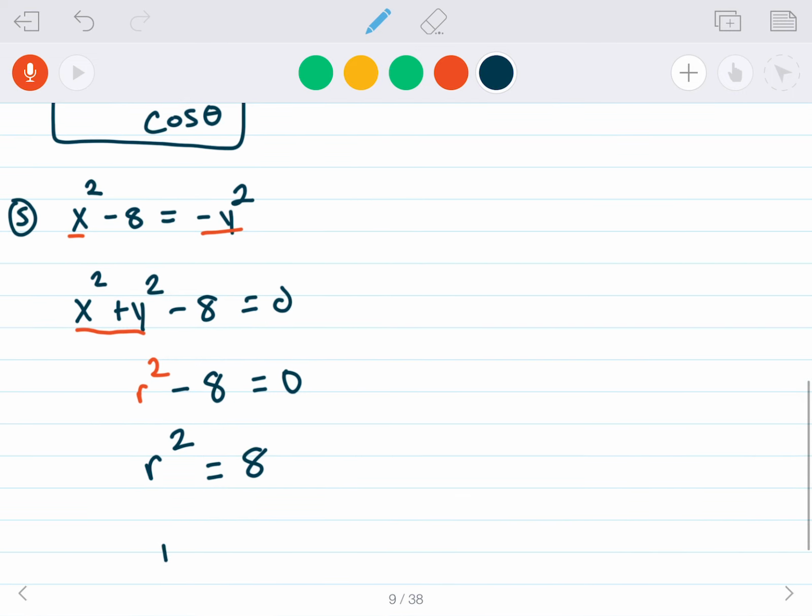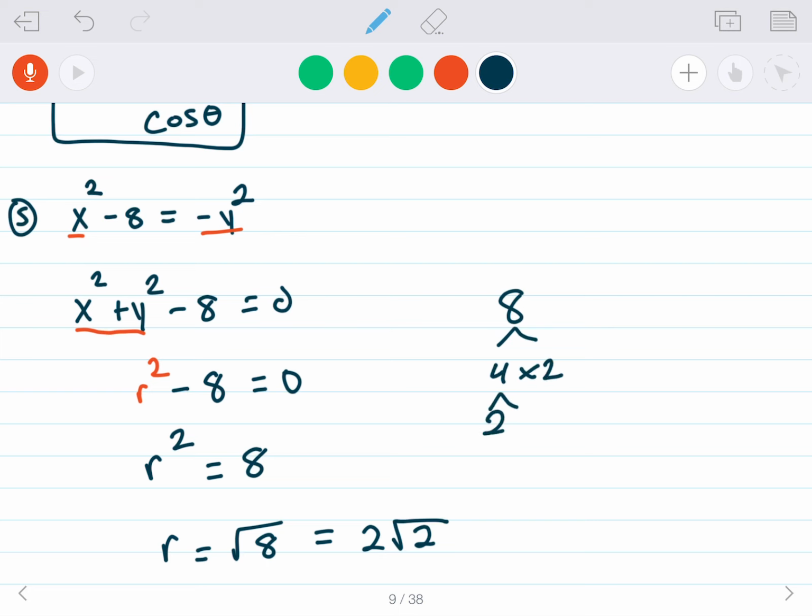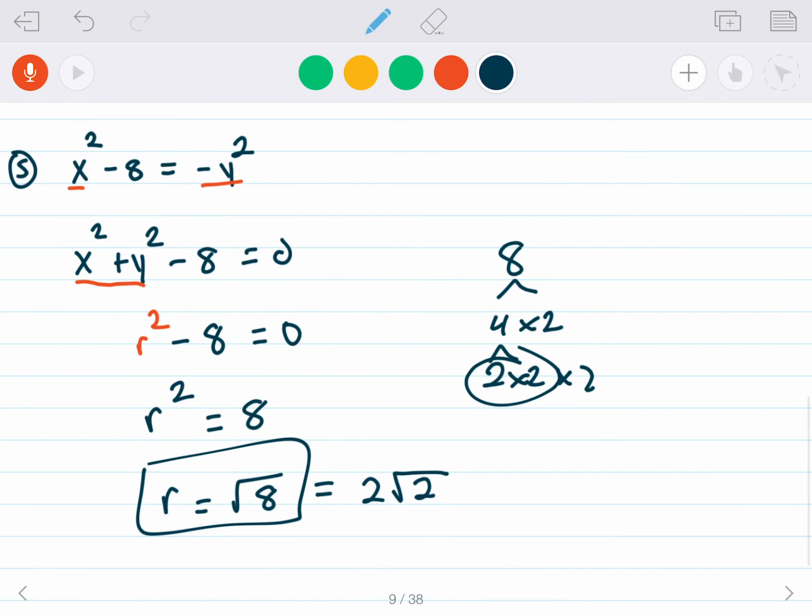Take the square root, and I get r equals square root of 8, which you can simplify if you want. It's not really necessary. But if you do, it's going to be 2 square root of 2, because 8 is 4 times 2, and 4 is 2 times 2, take out a 2. Alright, so r is equal to root 8.